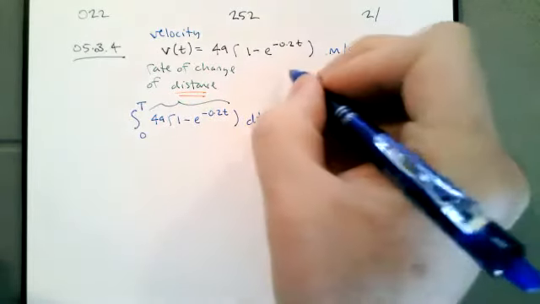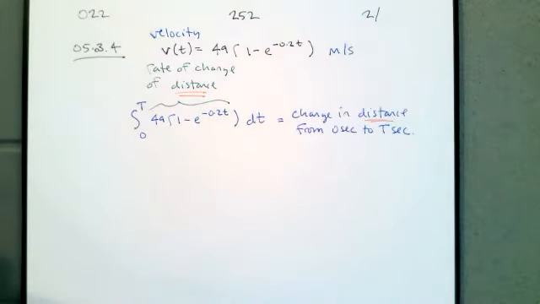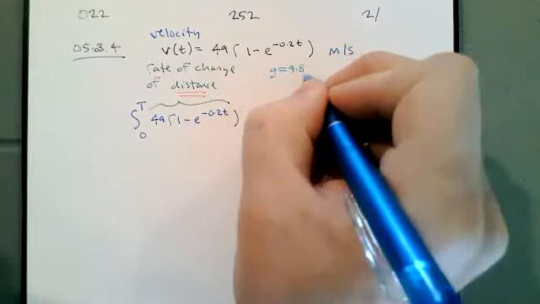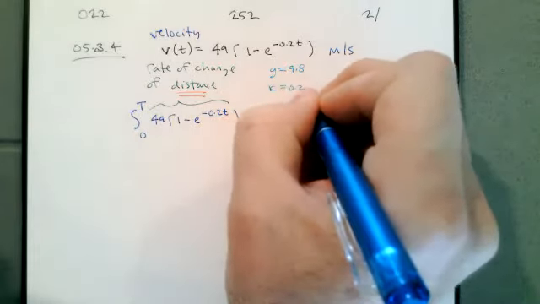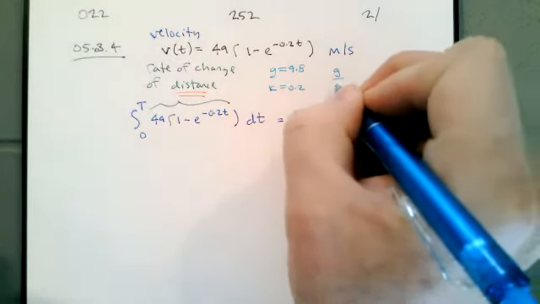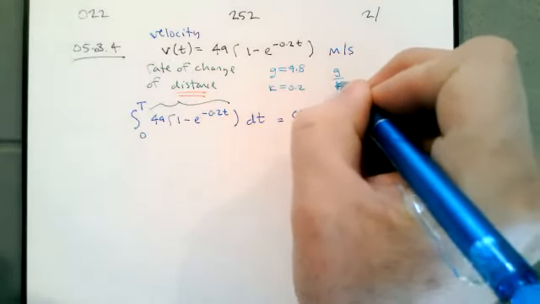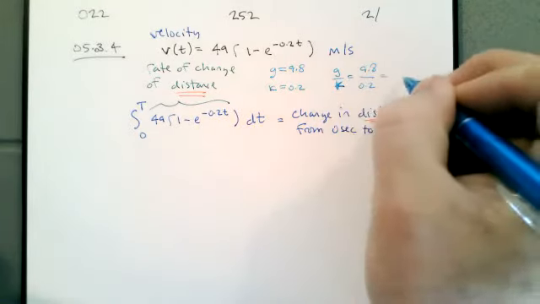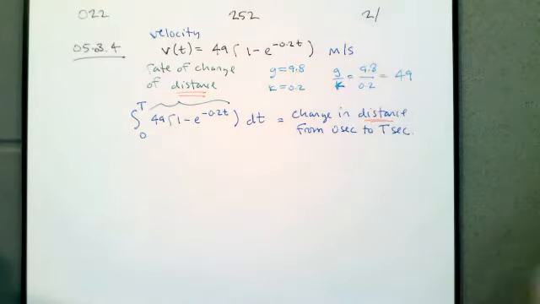So G is 9.8 and K is 0.2. So G over K is 9.8 divided by 0.2, and that's where I got the 49. Oh, gotcha. Thank you.